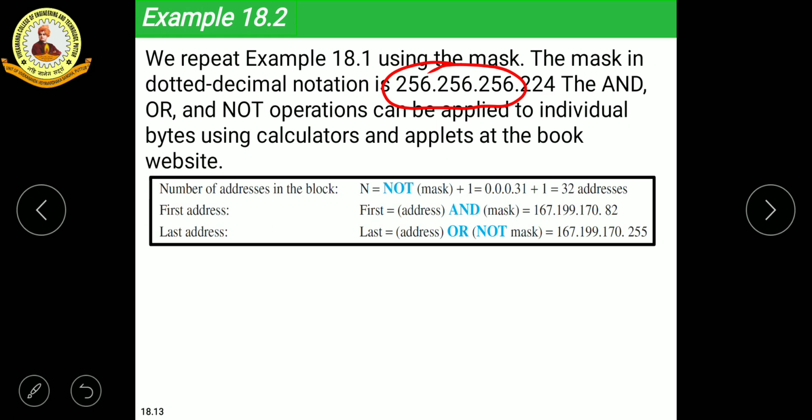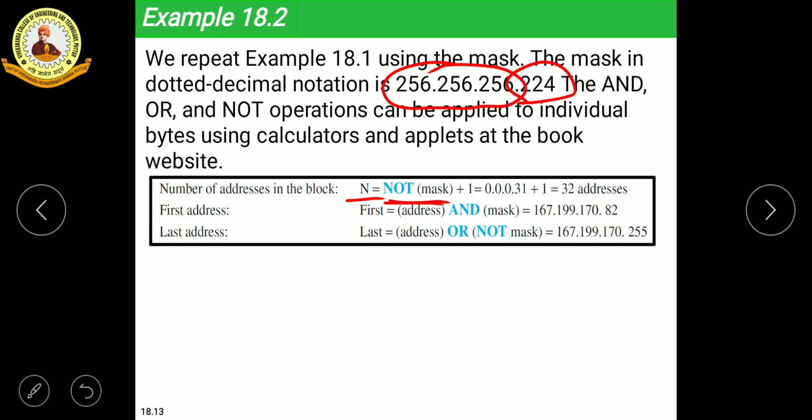Then we have 224. What is given? We need to tell the number of addresses, the first address and the last address. So the number of addresses is given by NOT mask, as per the explanation I have given.